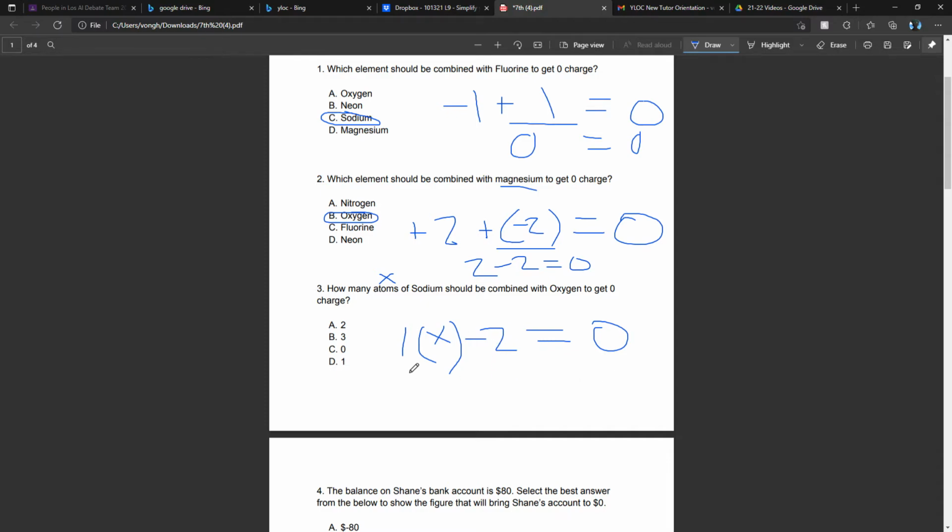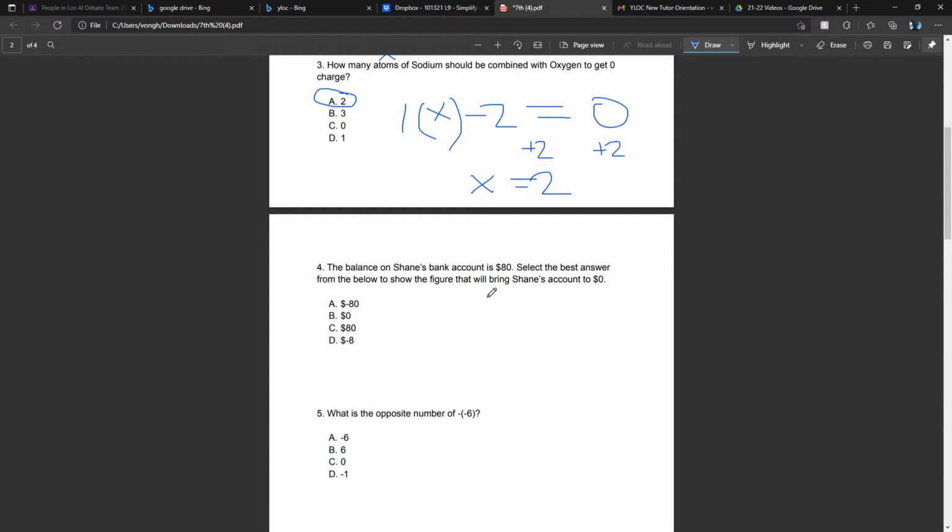In order to do this, we just isolate the variable, which is x, so we would add 2 to both sides, so then you just get x equals 2, and since our variable is isolated, this is our answer. The answer is 2, so it's A.